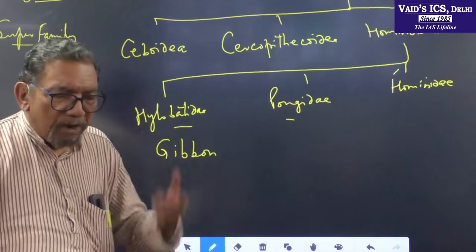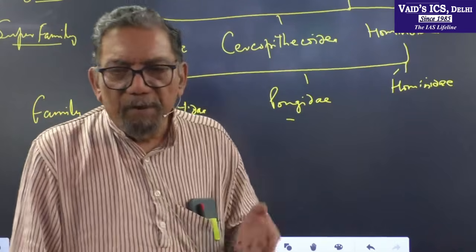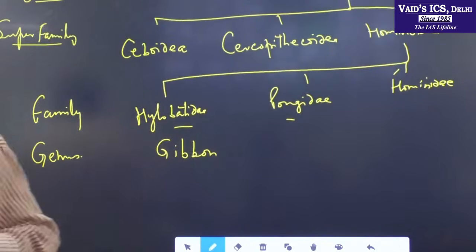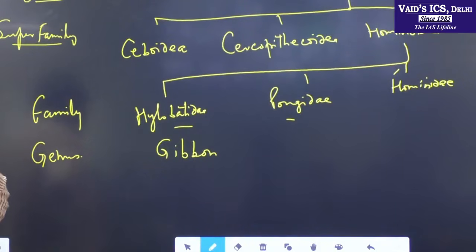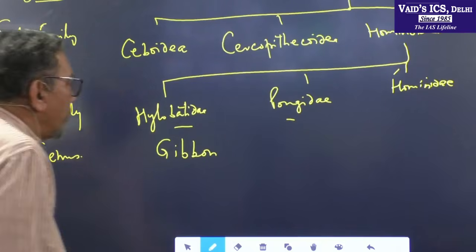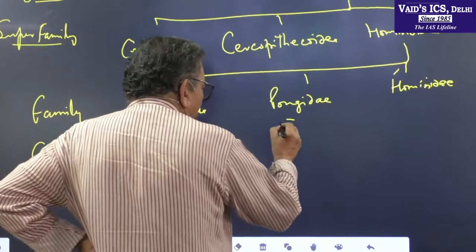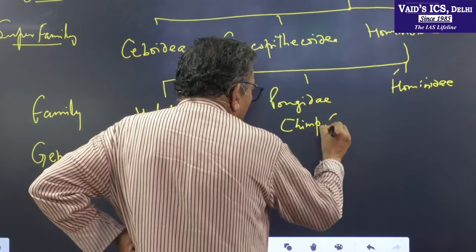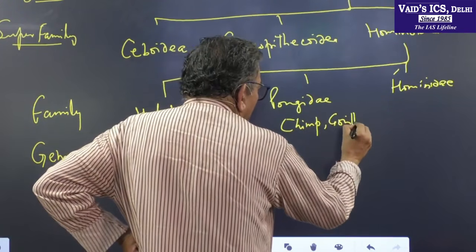In one prelims they asked which of the following is an ape. Gibbon was written there. But most of the people take Hanuman monkey, langur. In Pongidae there are three. You have chimp, gorilla and orang.